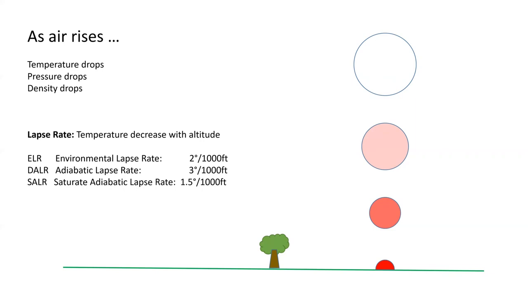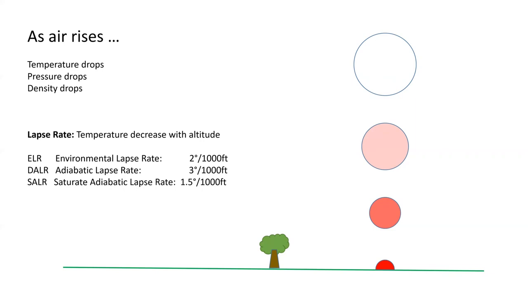Saturated adiabatic lapse rate is the temperature behavior of that parcel of air if its humidity has reached 100% and air is now condensing water out of it, water vapor is coming out of the air and forming droplets, because that parcel of air is now not at a temperature that would sustain the amount of water that is within it.